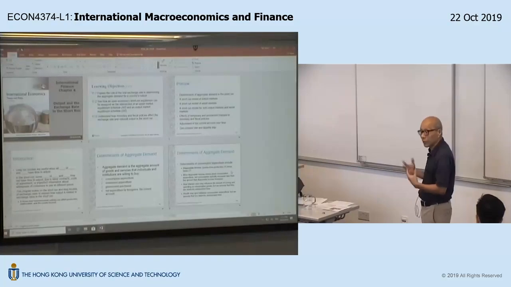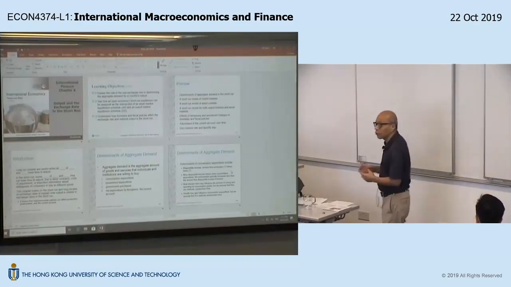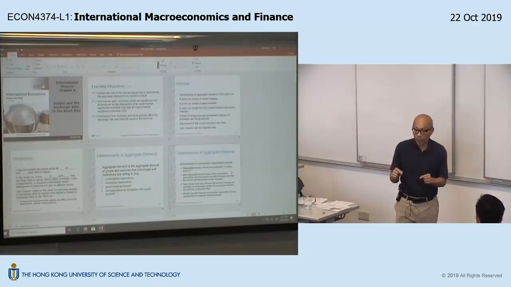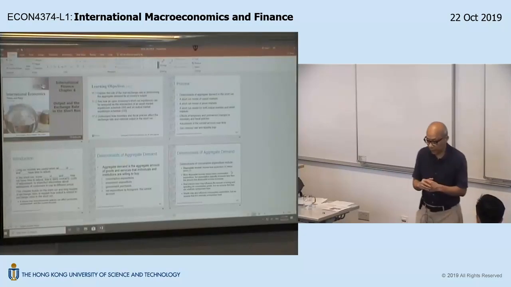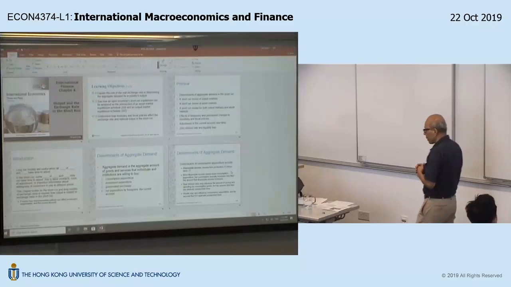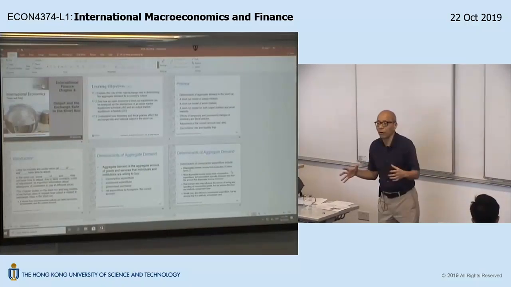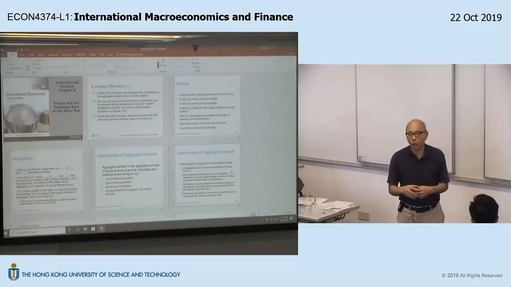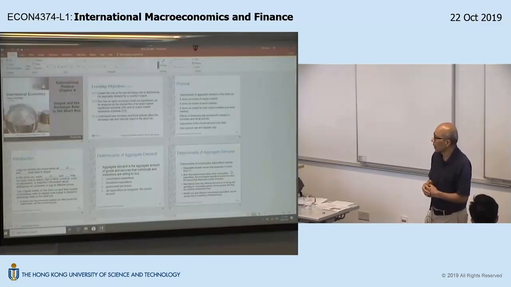For a country like Singapore, for example, they also pay a lot of attention to the exchange rate. Okay, unlike Hong Kong, Singapore allows the exchange rate to float a little bit more.